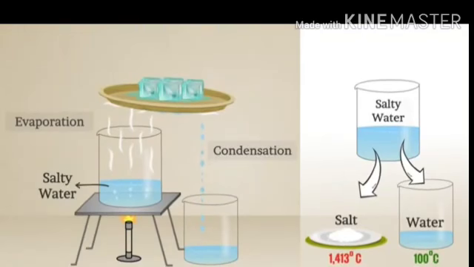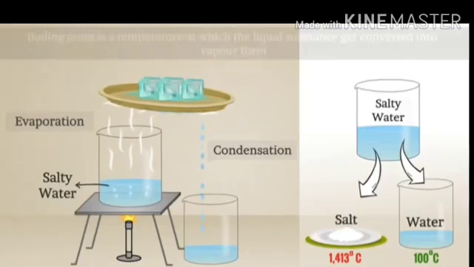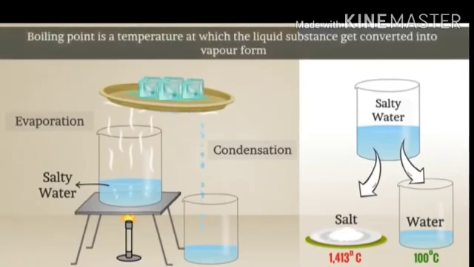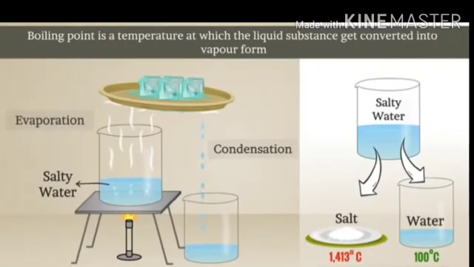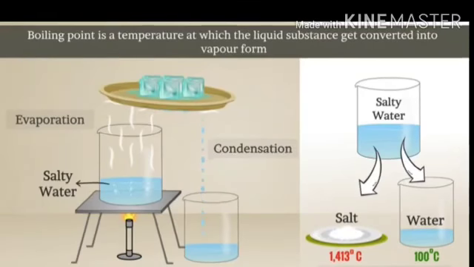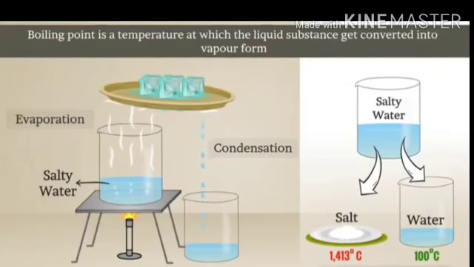In salty water, pure water has a 100 degrees Celsius boiling point, whereas salt has a 1413 degree Celsius boiling temperature. There is a large difference in their boiling points so they can easily be separated.